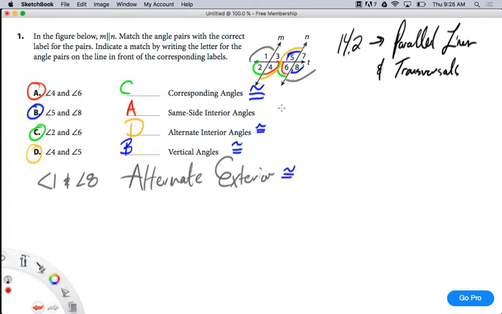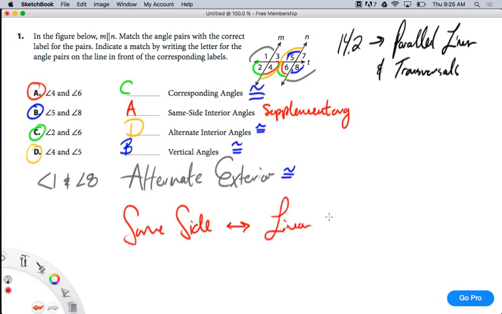Same side interior angles are supplementary. The way that Mr. Henry teaches it is same side sup. So the only ones that are supplementary are same side, and there's another angle pair that's supplementary: linear pair. Linear pair and the same side interior or exterior angles are supplementary. Does that make sense?